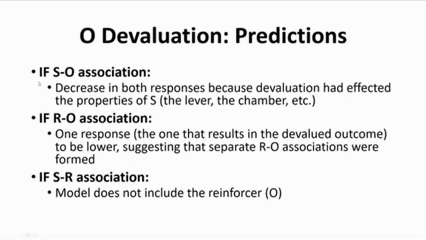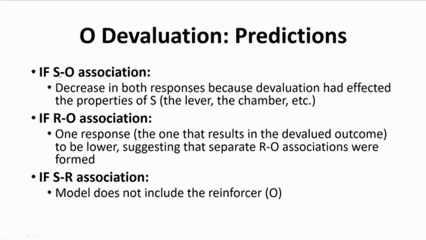So let's look at our predictions here. If it's just an SO association, then we would see a decrease in both responses because the devaluation had affected the properties of our stimulus. So by reducing our value of the outcome, we should then affect somehow the view of our stimulus, meaning our environment.